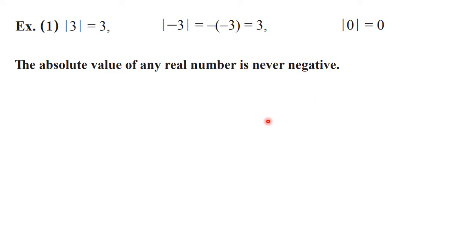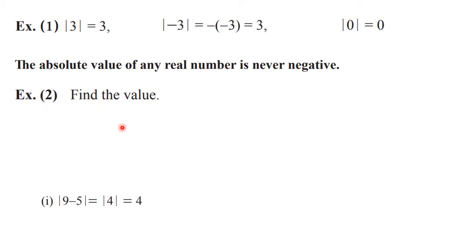Okay, let us see more examples now. Example number 2, here they have given that find the value. Inside the modulus sign we have the operation 9 minus 5. Inside this we have to apply the BODMAS rule if we have a bigger expression, and finally we are going to take the value out of the modulus sign.